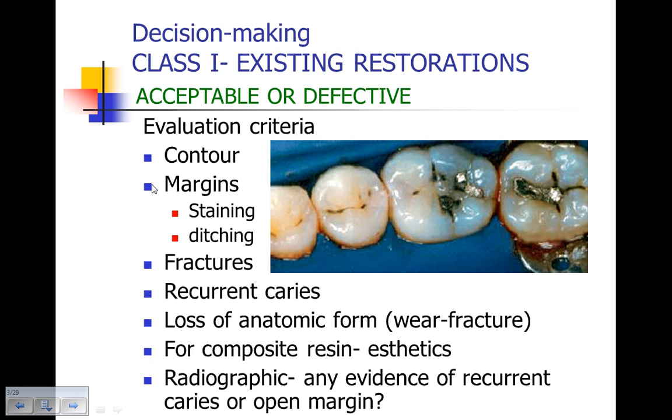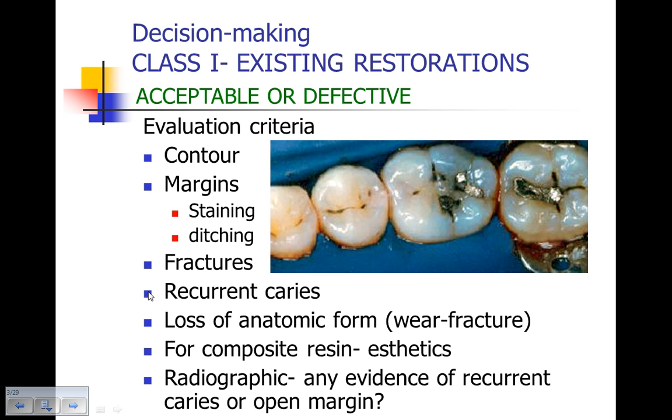Are the margins stained? Are they ditched? Do they have gaps between the restoration and the tooth? Are there fractures in the restoration, whether it be bulk fractures through and through in the restoration, or are there fractures at the margins leading to ditching?